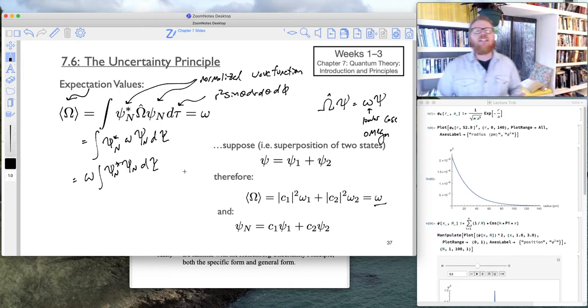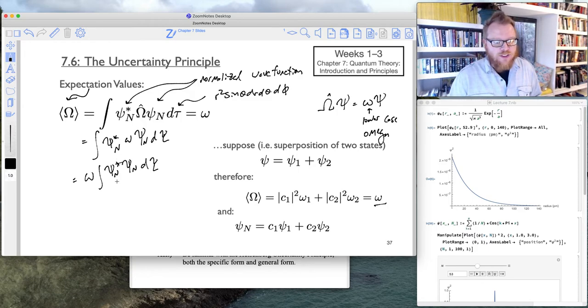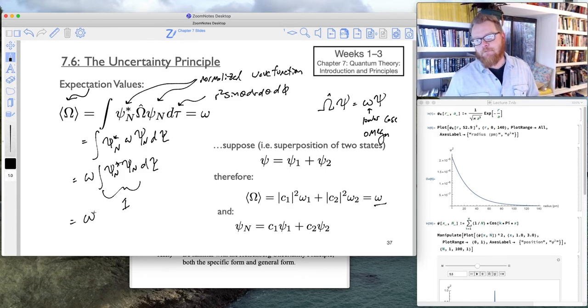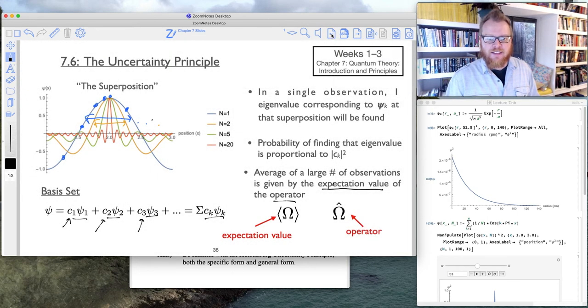And because these wave functions have been normalized, we know that now psi star psi d tau equals 1, right? And so thus this whole thing just equals omega, the value we want to know, the expectation value, which again, the expectation value is the average of a large number of observations. All right?